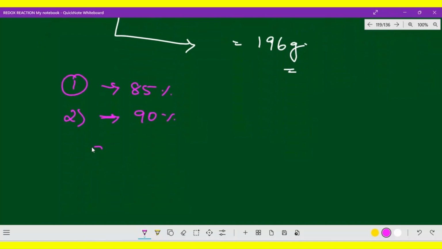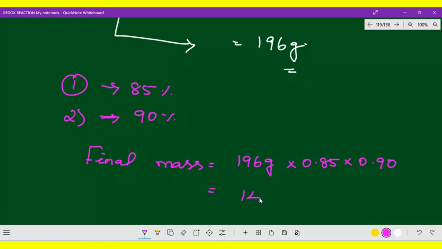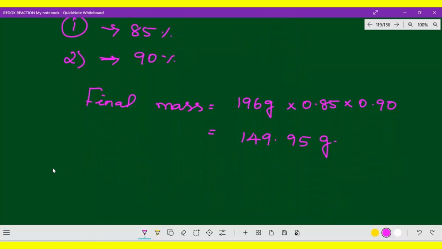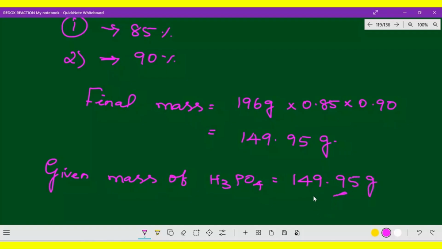Final mass equals 196 gram into 0.85, and directly we can multiply by 0.90. So you will get 149.95 grams of H3PO4.